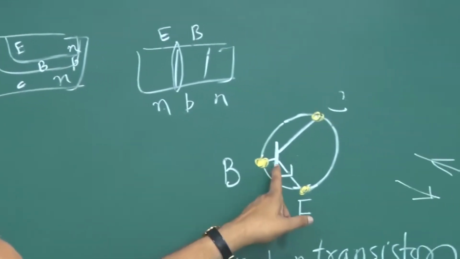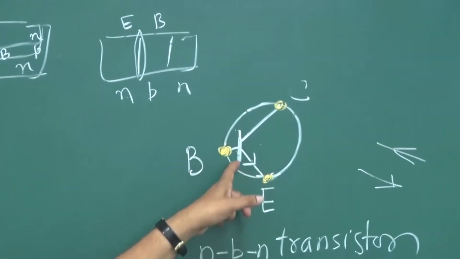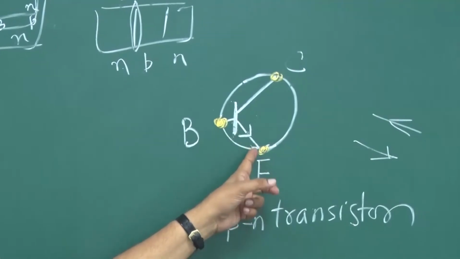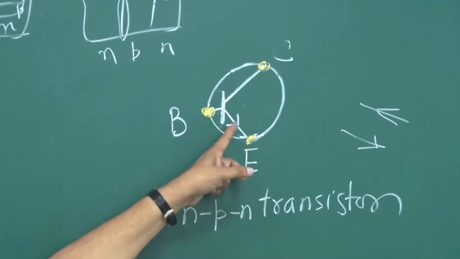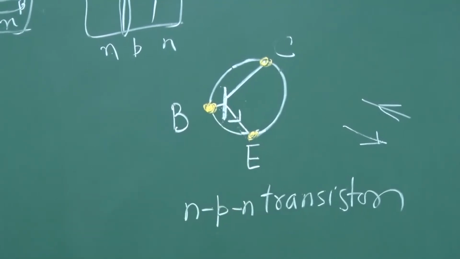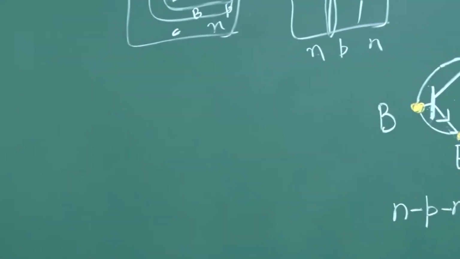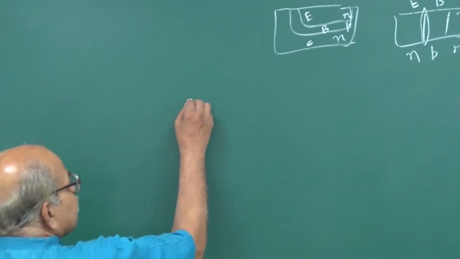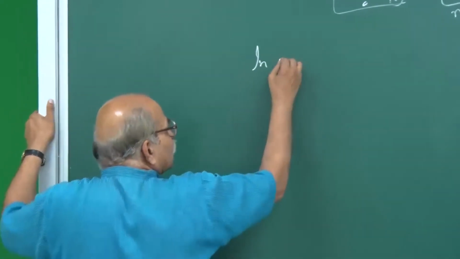And in this diagram, this line is for base, and this line is for emitter. So this junction between base and emitter, this PN junction. This is a very important result, and you should always remember this in normal operations.